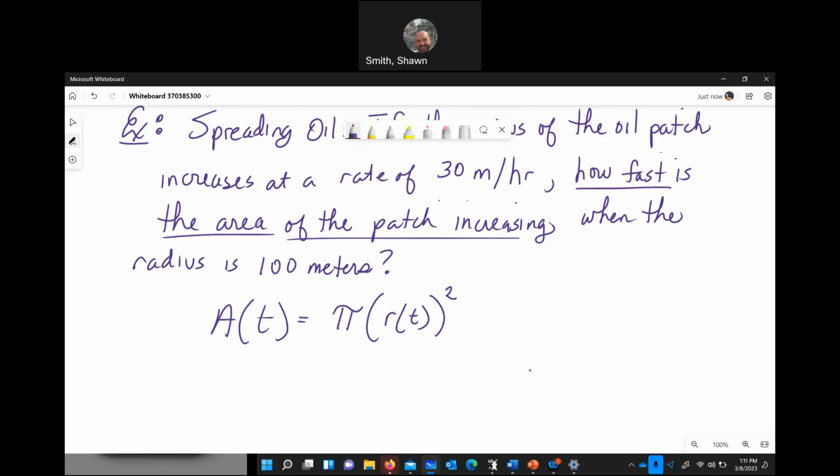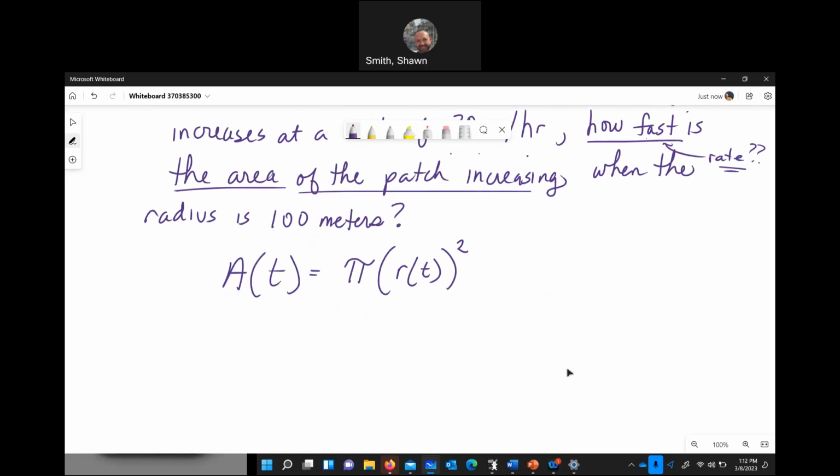How fast? This is a rate that I'm looking for, right? I'm looking for the rate of change of the area. Rate of change. Remember I said if you don't know what to do, always take the derivative. That's the derivative of the area formula that we just came up with, right? So I'm going to do A prime at t.